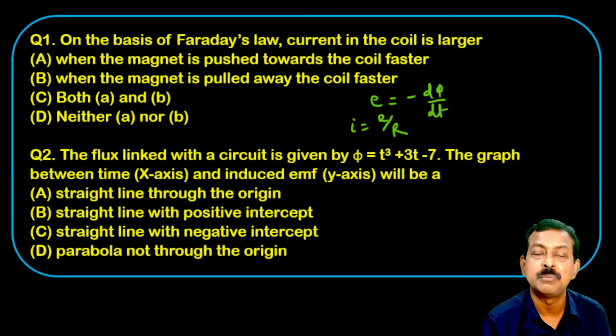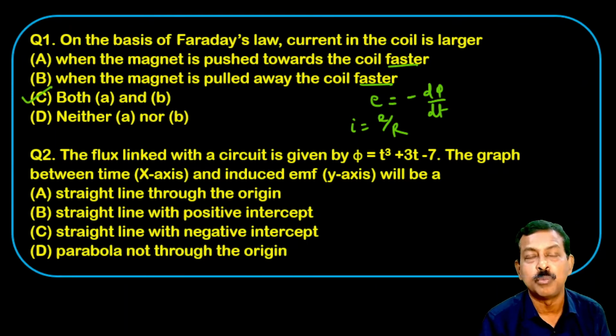And if it is E by R, that means the induced current will depend upon the rate of change of the magnetic flux. When you are moving the magnet towards the coil or moving it away, and in both cases you are moving it faster, obviously in both cases there will be an induced current developed. So it will be large.